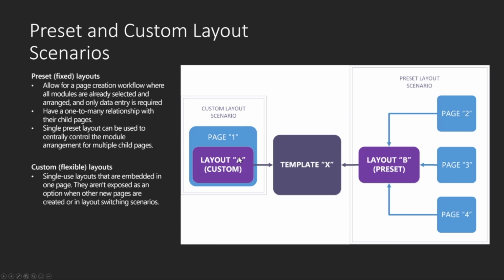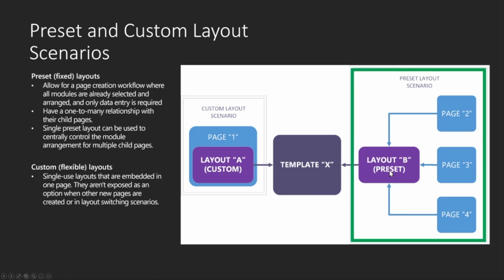Now these purple layout objects look identical from a data model standpoint. It's just where they live. This one lives inside of a page document, and this one lives outside of a page document and is just referenced by other pages. So you have these two different scopes where a layout can live.